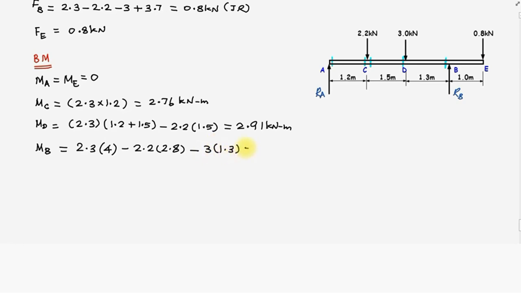On calculation, we find that the bending moment at the point B, MB, is equal to negative 0.86 kilonewton meter. Already we have determined the bending moment at the point E is 0.